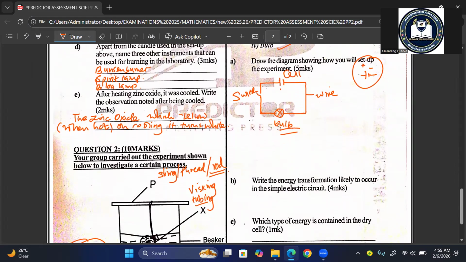Write the energy transformation likely to occur in the simple electric circuit. So in this case, we first start from the energy stored in the cell. It will be in chemical state. So chemical energy. It will be converted through the wires into electrical energy.